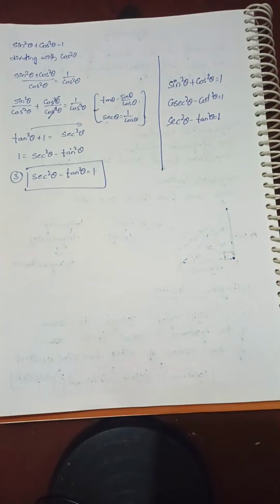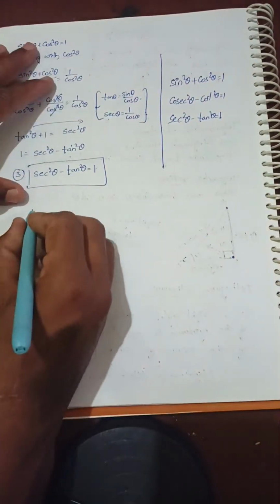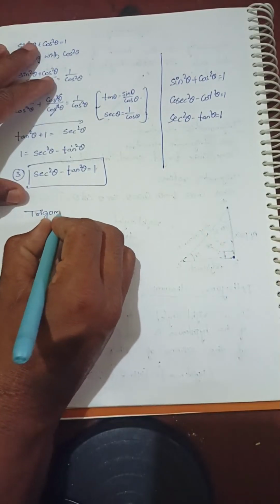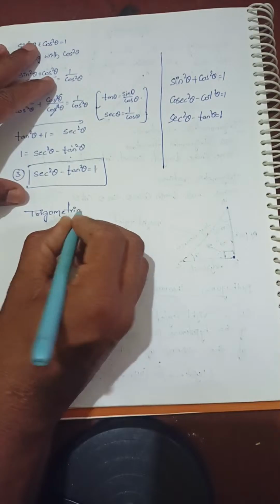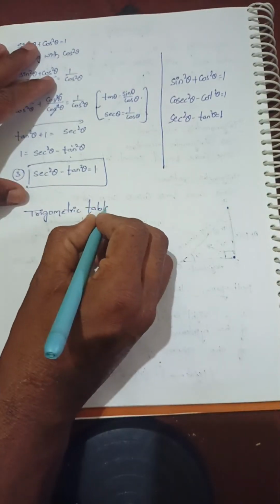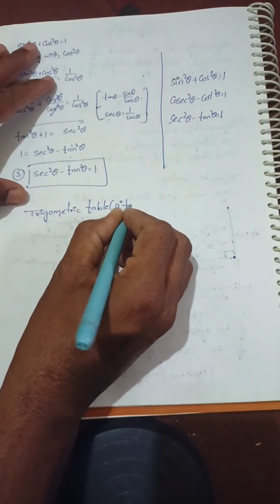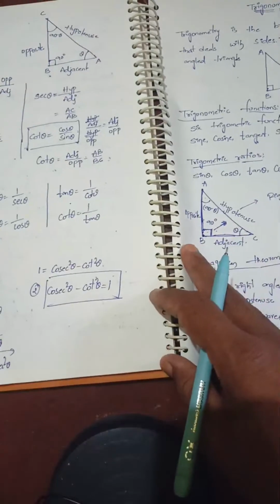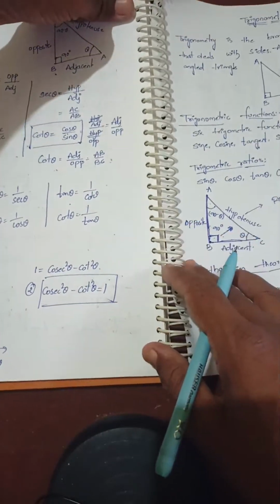Before going to solve the problems, now I am going to make the trigonometric table from 0 degrees to 90 degrees. Those who are seeing now, you can go through this paper.